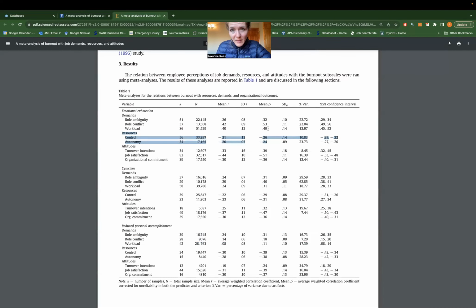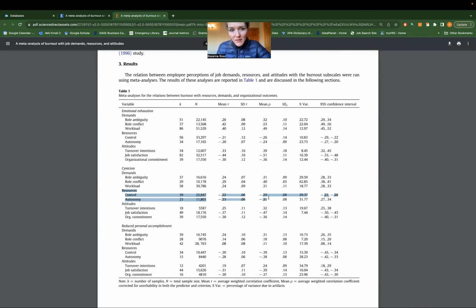In this case, control and autonomy are both kind of the same. And for that, you would want to read, how are they defining control? How are they defining autonomy? And be very specific about the difference between those 2 things when you're writing up your paper. The same over here. We see that it's actually pretty close.